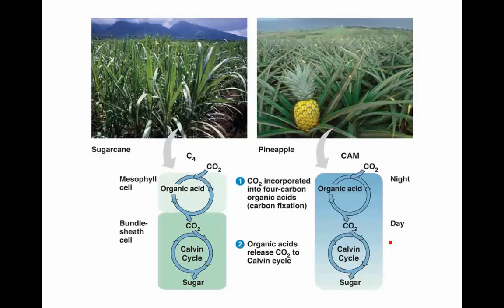Notice in both of these alternative photosynthesis approaches, we have an initial enzyme that is not Rubisco, it's PEP carboxylase, that does the initial fixing of the carbon. That's not to say that Rubisco doesn't have a role in these plants, because it certainly does. It will just be later on in the process, because the Rubisco will be running the Calvin cycle when and where it does ultimately take place.